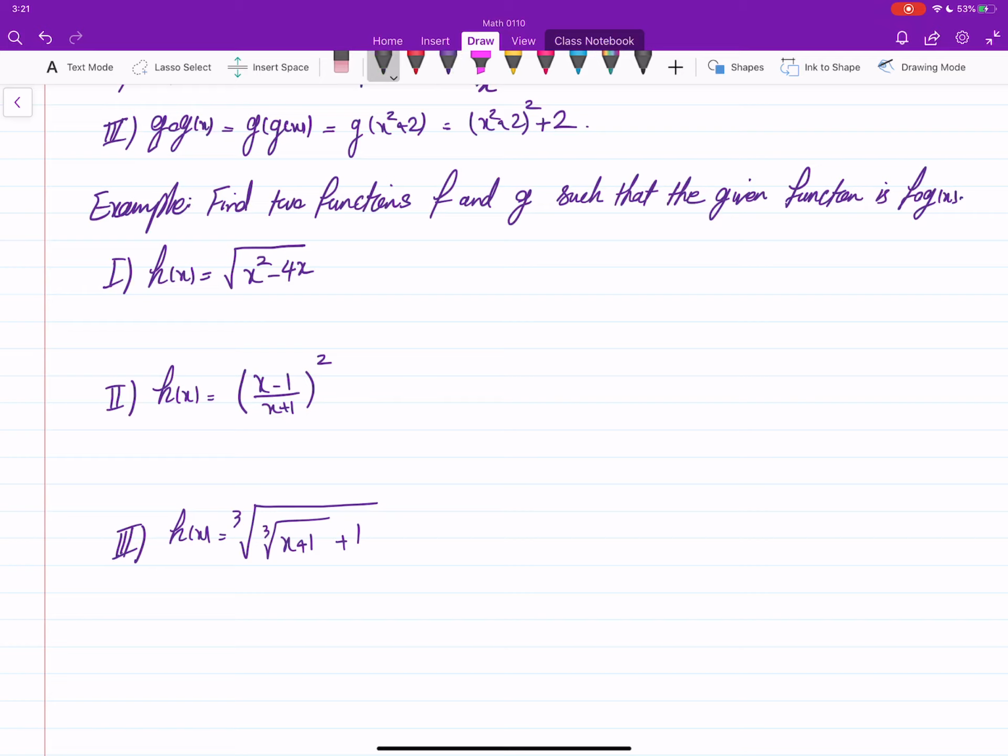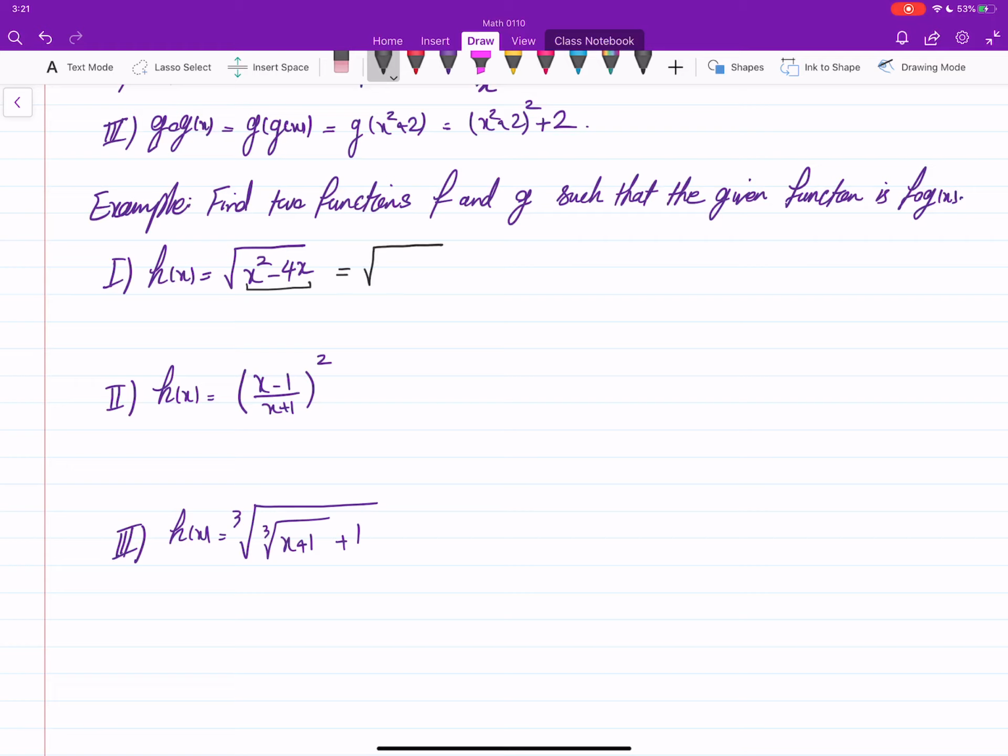Let's see. For this one, you see that when you plug in x, what happens is that the first function finds x squared minus 4x, and then finds the square root of that. So maybe this gives us an idea.